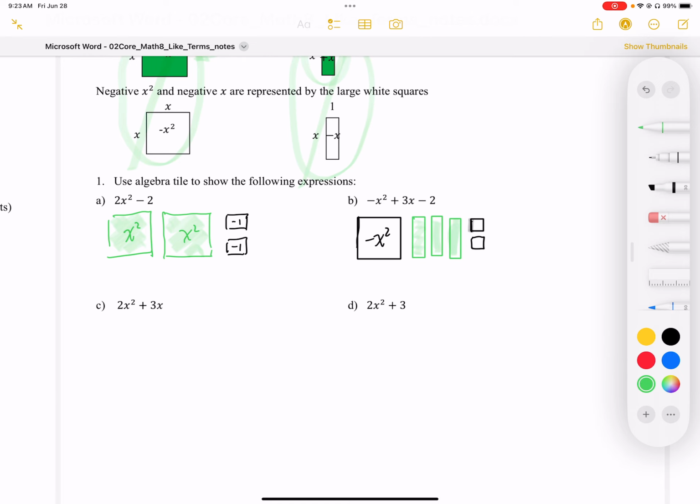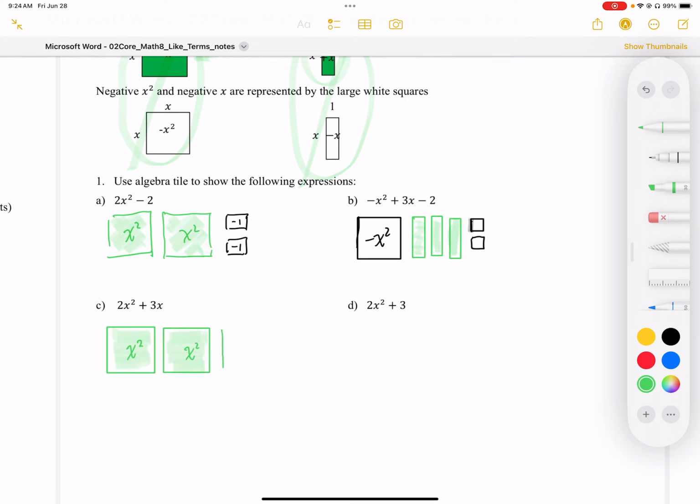For the next one, C, we have +2x squared, so I need to show two squares. Because they are positive, I'm going to fill them in, and I'm going to write +x squared as well to make it clear.